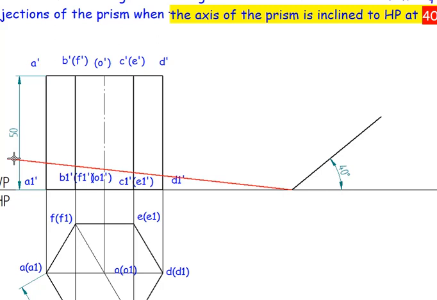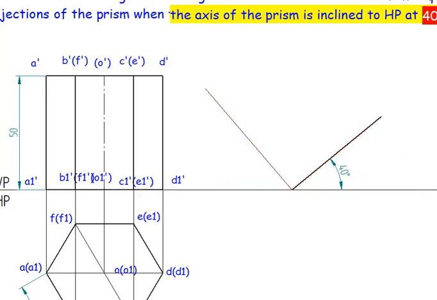Now I need to find this. I'm going to draw a line of any length, and we need to keep the protractor in such a way that with respect to the lateral edge the base should be 90 degrees. So I'm just going to draw a line.